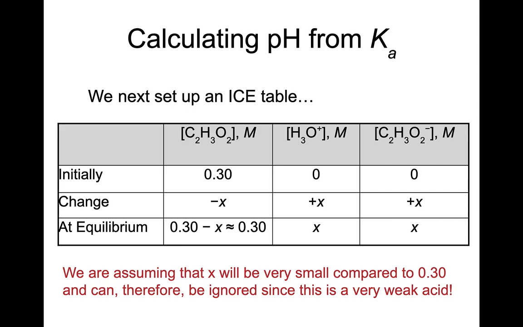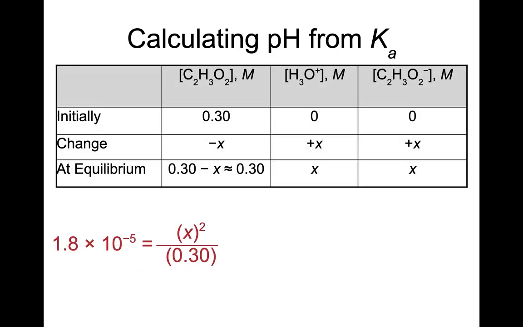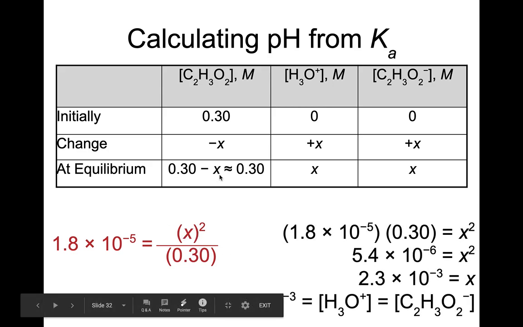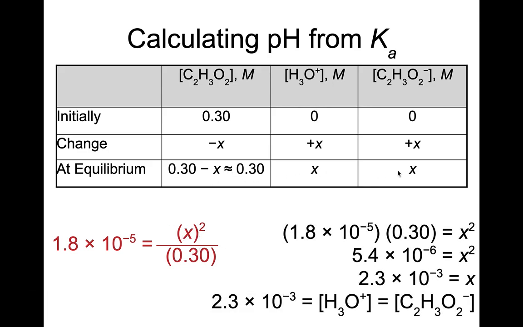Alright, so once we've got our table set up, these equilibrium values can be used and plugged into our equilibrium expression. So we had products over reactants. We put in these values here at equilibrium to get an equation, which we could then solve for x, as we have done.